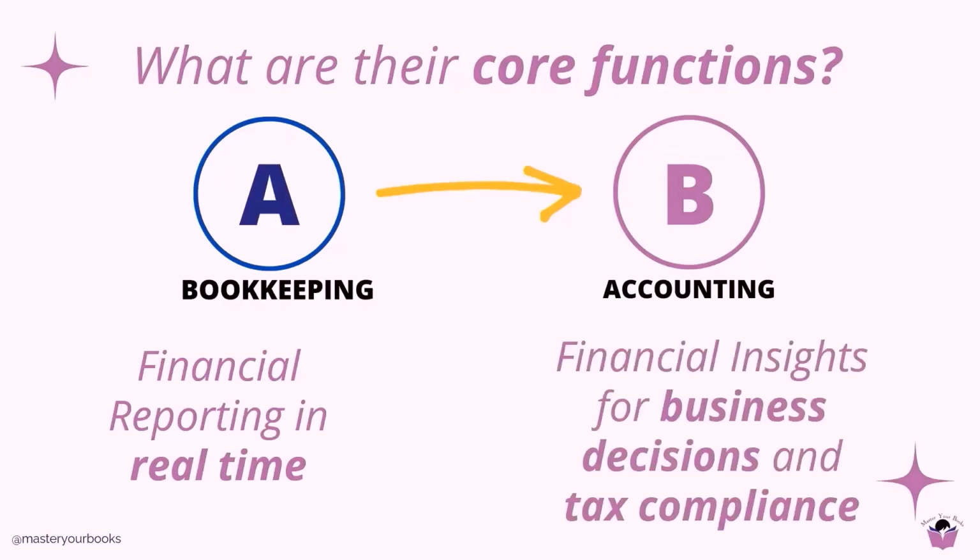And accounting provides the opportunity to go deeper into the interpretation and analysis of the data into dollars, so that an accounting partner can provide financial insights for that business to make more proactive decisions. And of course, they need to have the accounting done to keep tax compliant year round.